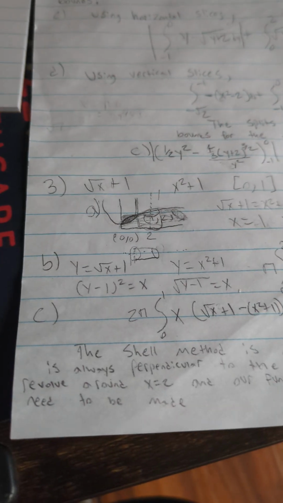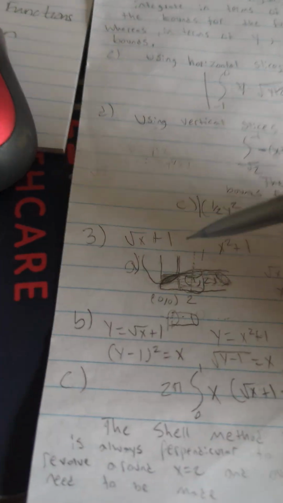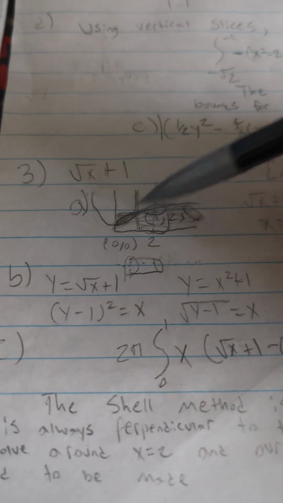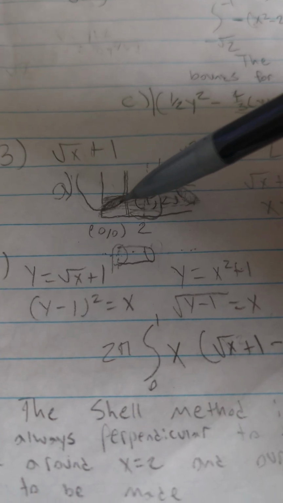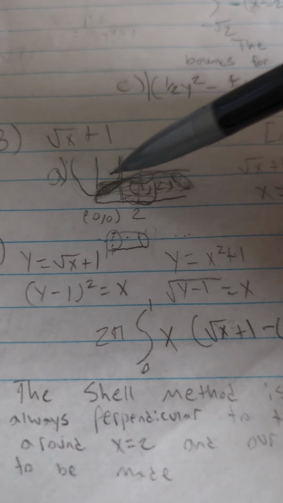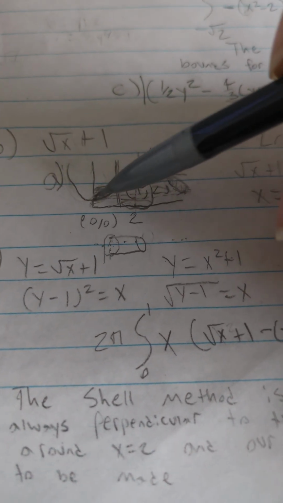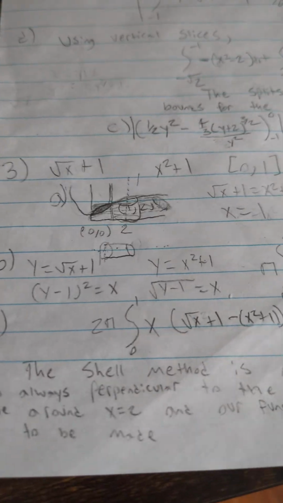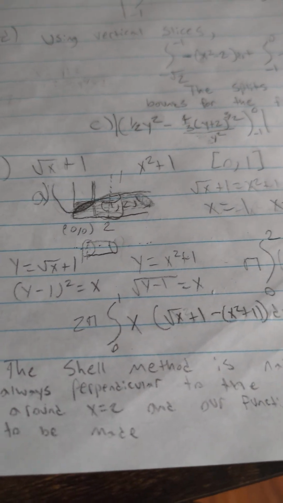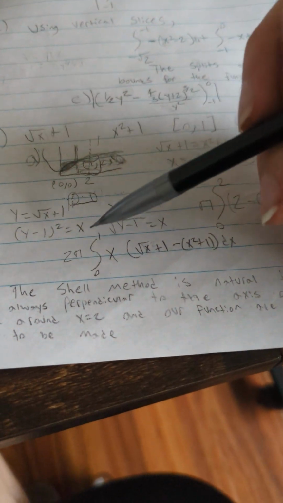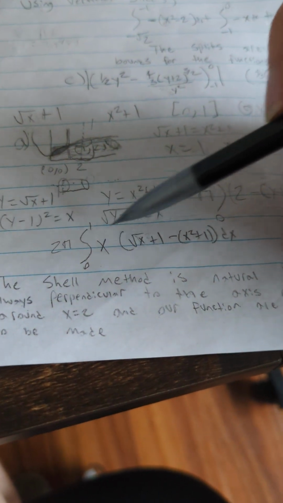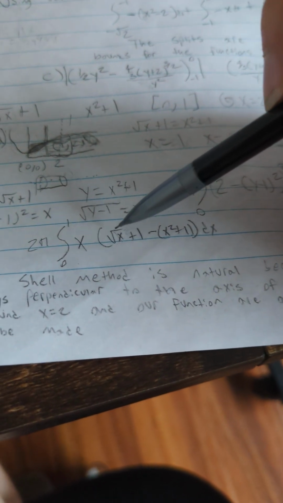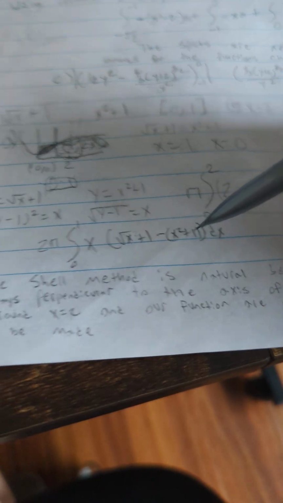And then the height of our shell is going to be the function, the region bounded by the functions. Because as you can see here, the height of the shell would be the region bounded, which we already are in terms of x. So top minus bottom, it's much simpler. 2 pi, integral from 0 to 1, the radius times the height, the square root of x plus 1 minus (x squared plus 1), dx.